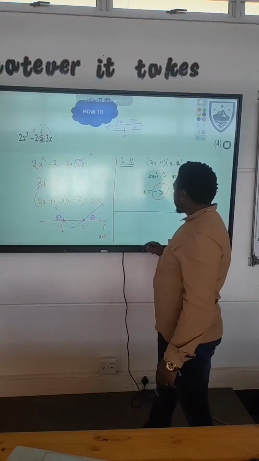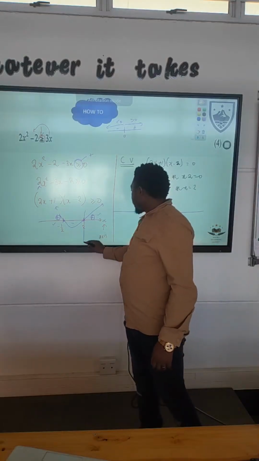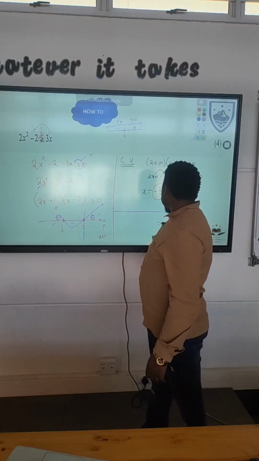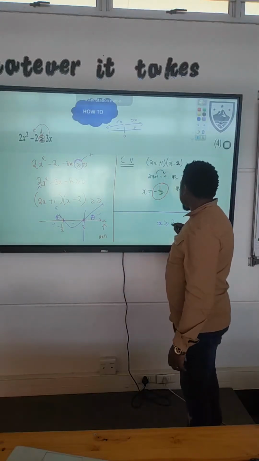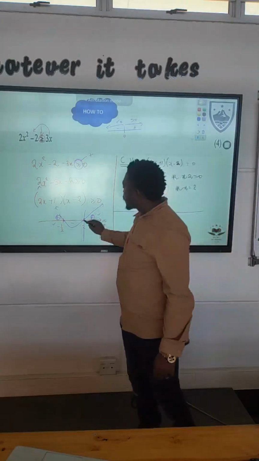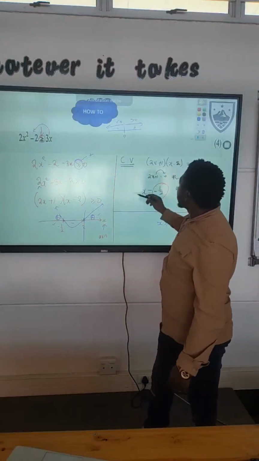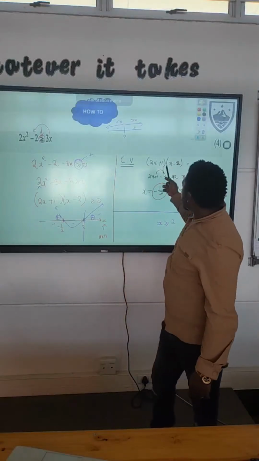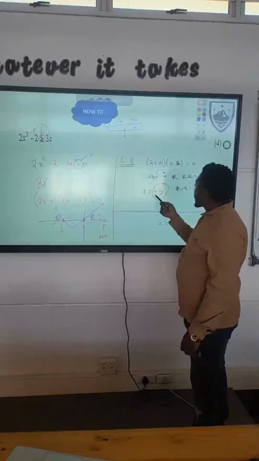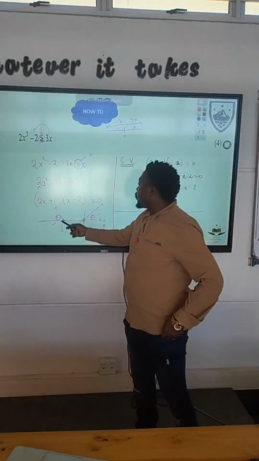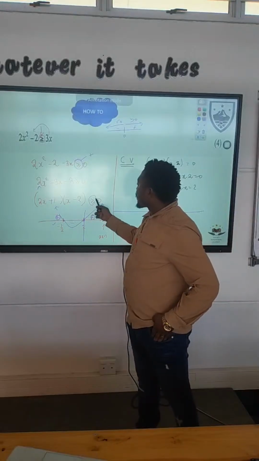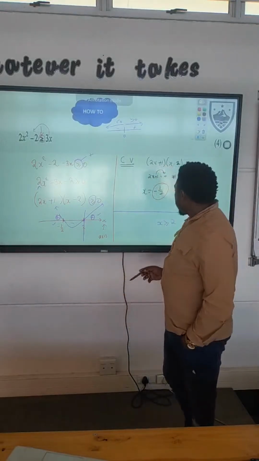The solution for this part, we say x must be greater than or equal to 2. It's included because we also want to include this 2, because we have seen in the critical values that for it to be equal to 0, x must be equal to 2 or x must be equal to negative half. So we must include those critical values because it was included initially.